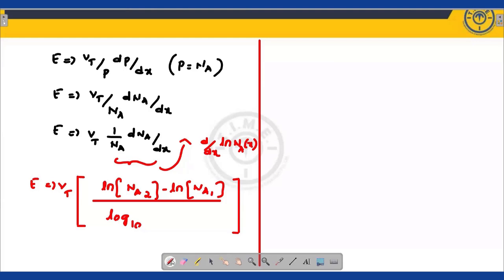See here, very important is log 10, and this value is equal to x1. This value I am representing in a different manner. So how we are getting this particular value?